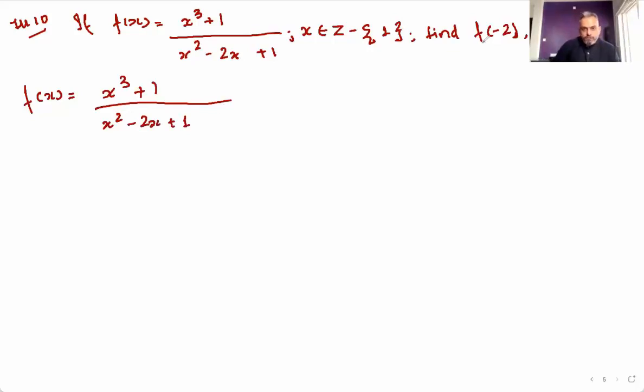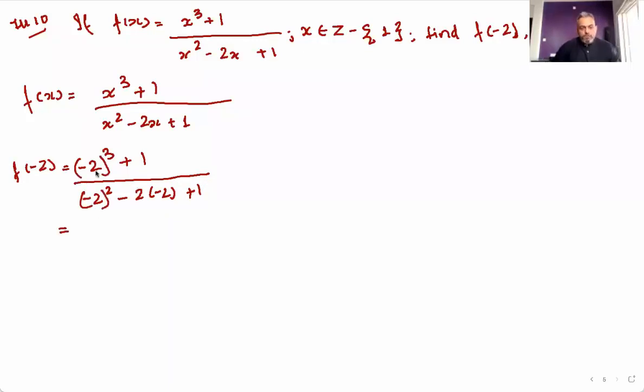So now first we will find f of minus 2. So what do we have to do, children? It is very simple. We have to substitute x with minus 2. So minus 2 cube plus 1 upon minus 2 square minus 2 into minus 2 plus 1. You can write this in brackets to avoid confusion.